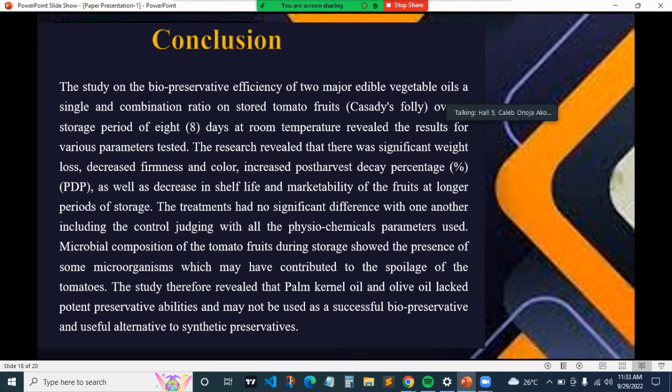We discovered that if the oils were to be used for preserving tomatoes, the tomatoes are supposed to be sold as quickly as possible, because the oil could not inhibit the fungi and the bacteria that were associated with the spoilage of tomato. Neither could the oil increase the shelf life, the marketability, or reduce the post-harvest decay. The oil had no effect on the preservation of the tomato.